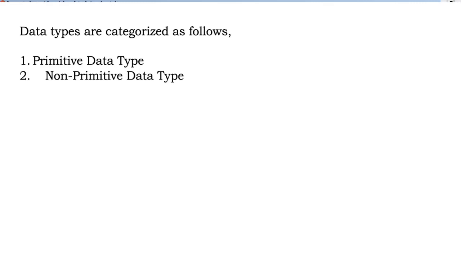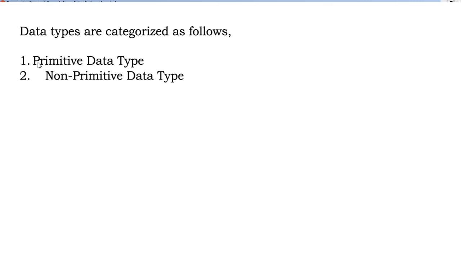After that, we can assign a value. If you remember the syntax of how we declared a variable, first we defined the data type, after that the variable name, and then we assigned a value to it. In the same way, data type is very important to store any value.